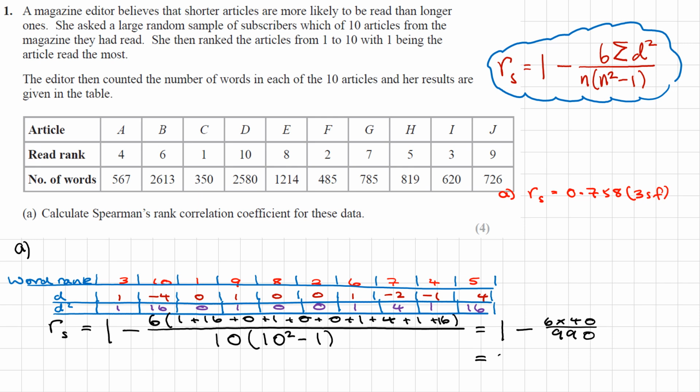Full number on my calculator, 0.75757. It looks like it's recurring, but there's no recurring symbol on my calculator. Makes sense to give an answer to 3 significant figures. So I'll give Spearman's rank as 0.758, and that's to 3 significant figures.